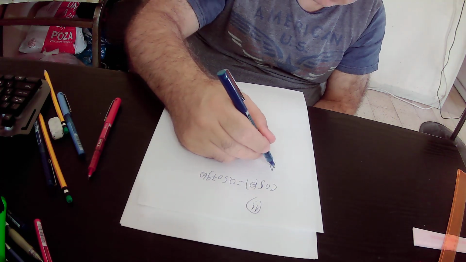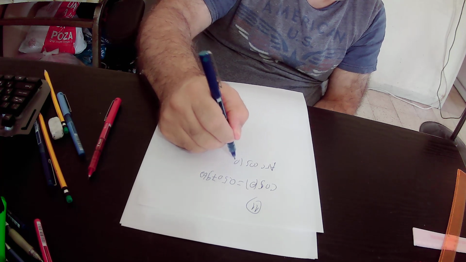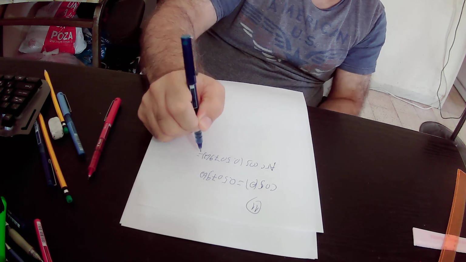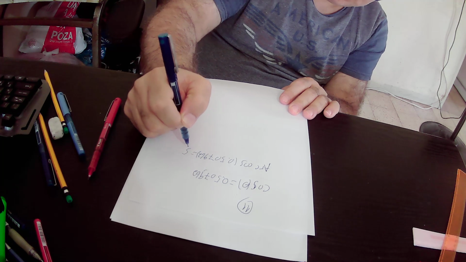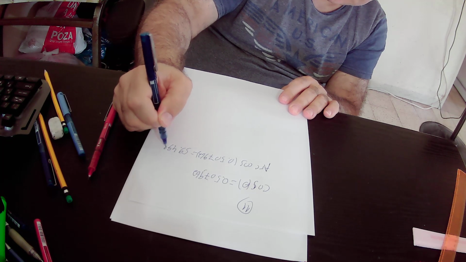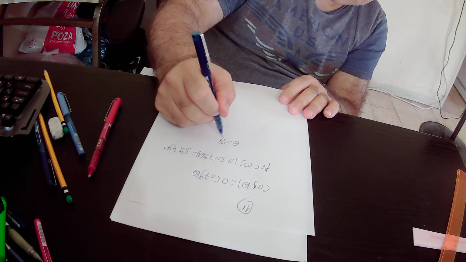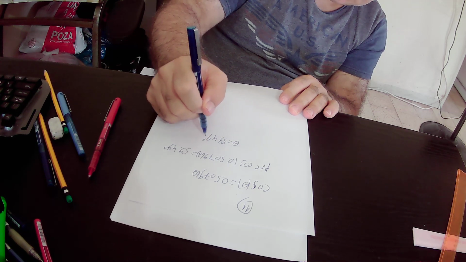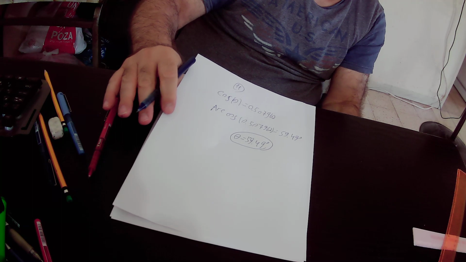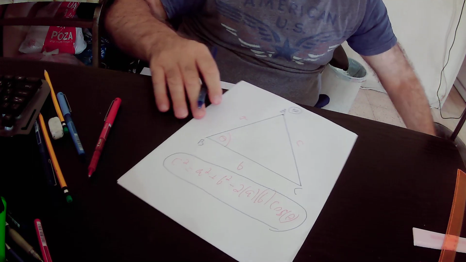So arc cosinus of 0.507962 equals 59.49 degrees, or theta equals 59.49 degrees. So we found out that theta equals 59.49 degrees.